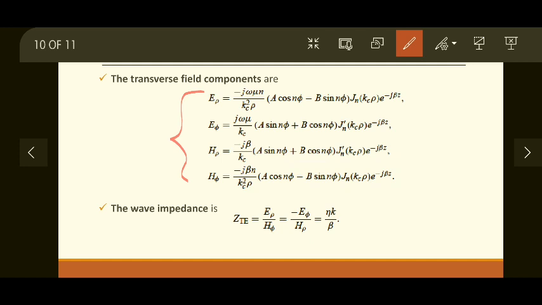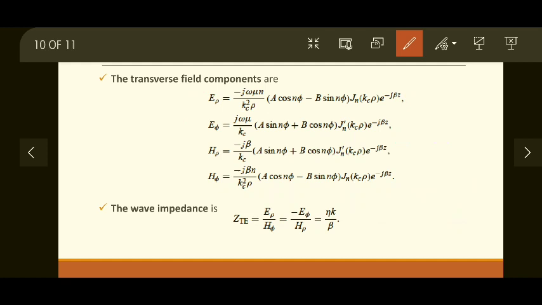Substitute values of rho and phi. Find the derivative. You will get these values. Okay, so e raised to minus j beta z, where z refers to the z coordinate. Remaining components can similarly be obtained. Here in this equation, it has to be z dash n.